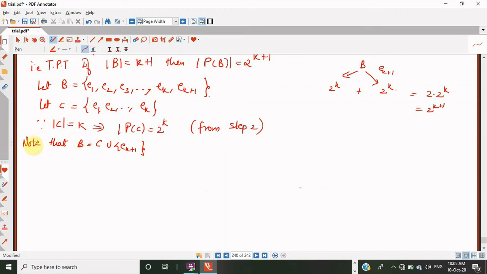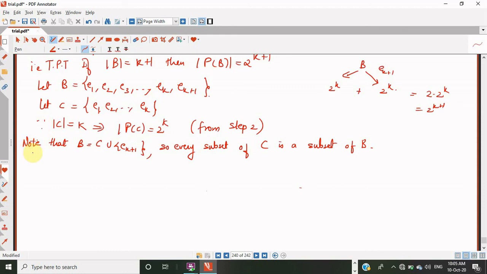So we write down the proof. Since this is true, every subset of C is a subset of B. Now how do we put this idea here?